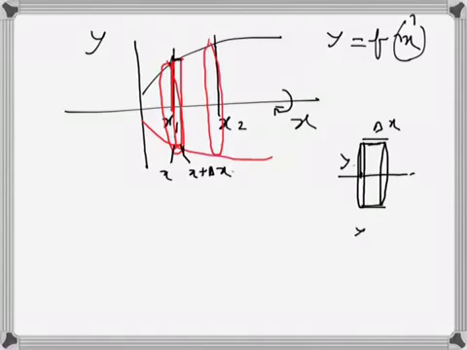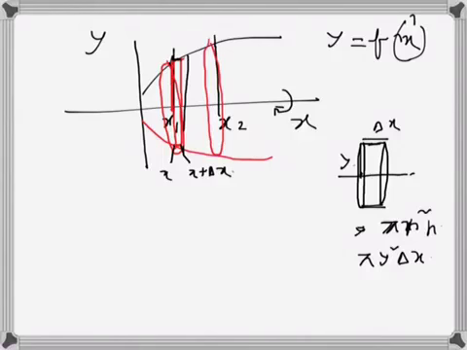We know the volume of a cylinder is pi r squared h. So here r is the radius, which is y, so r squared is y squared, and h is of course del x. If we add up all these small cylinders, we get the entire volume.